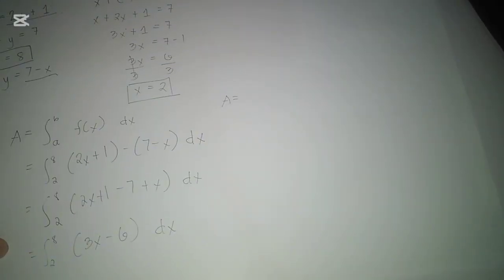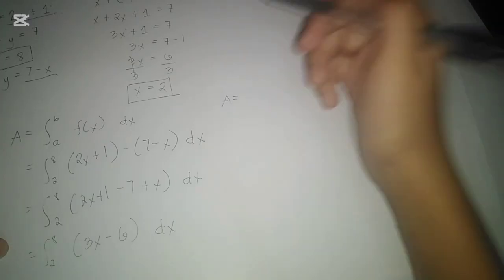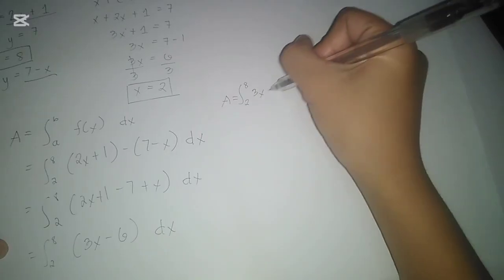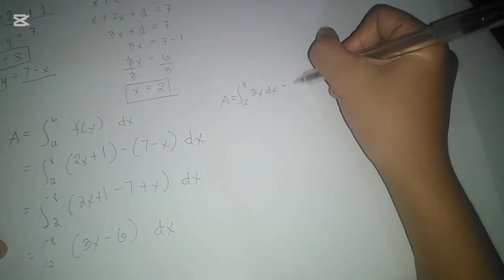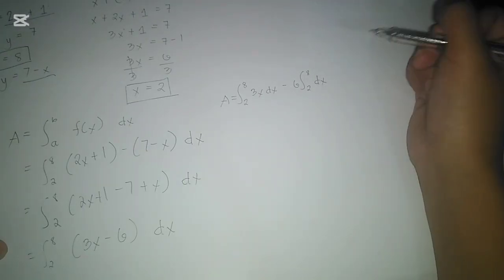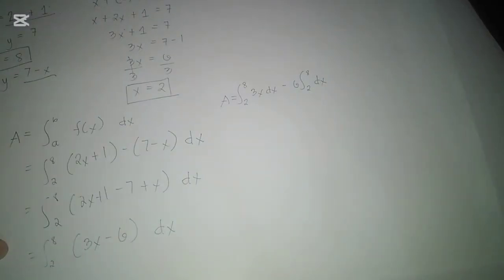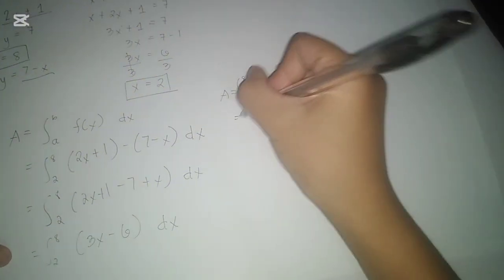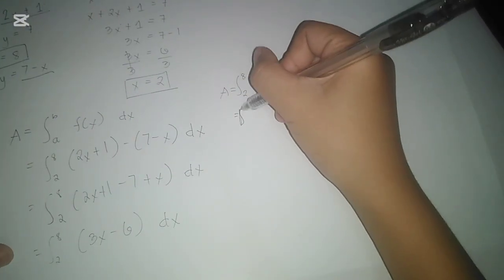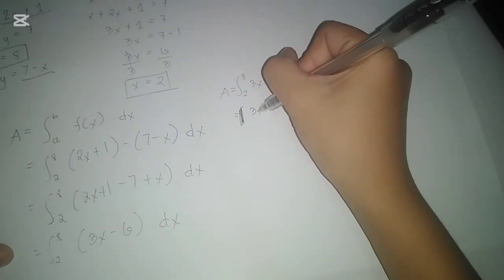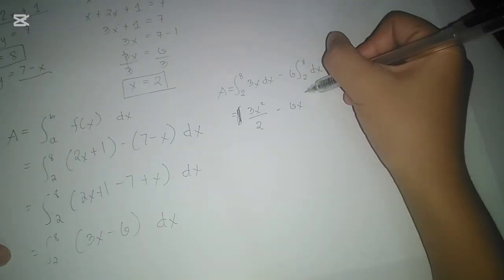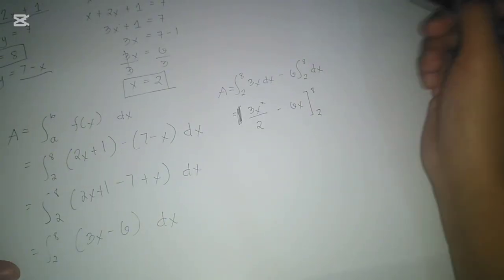Now we can integrate them. A is equal to the integral from 2 to 8 of 3x dx minus 6 multiplied by the integral from 2 to 8 dx. So we have here now 3x squared over 2 minus 6x evaluated from 2 to 8.